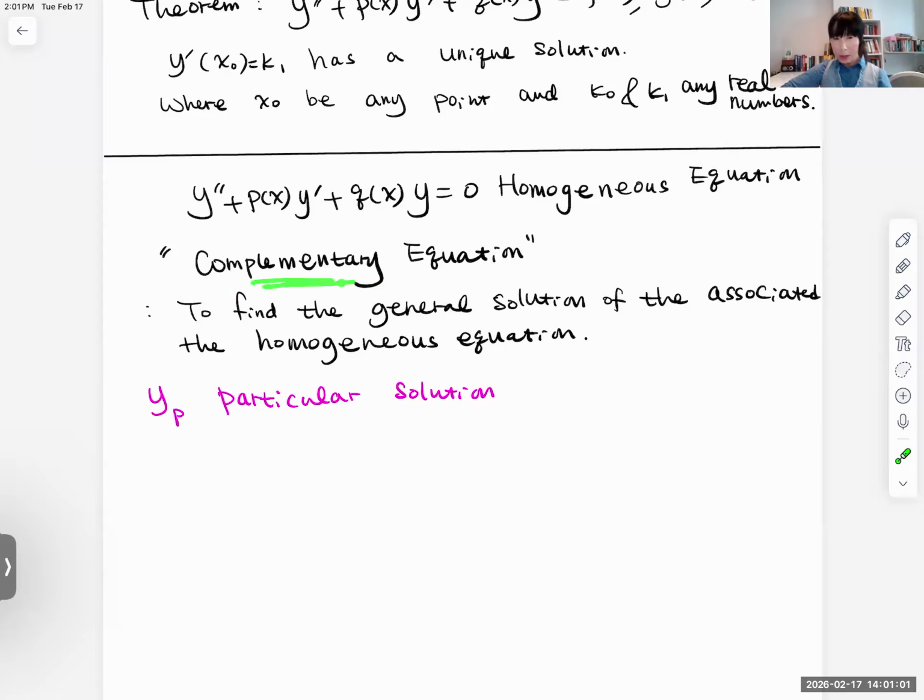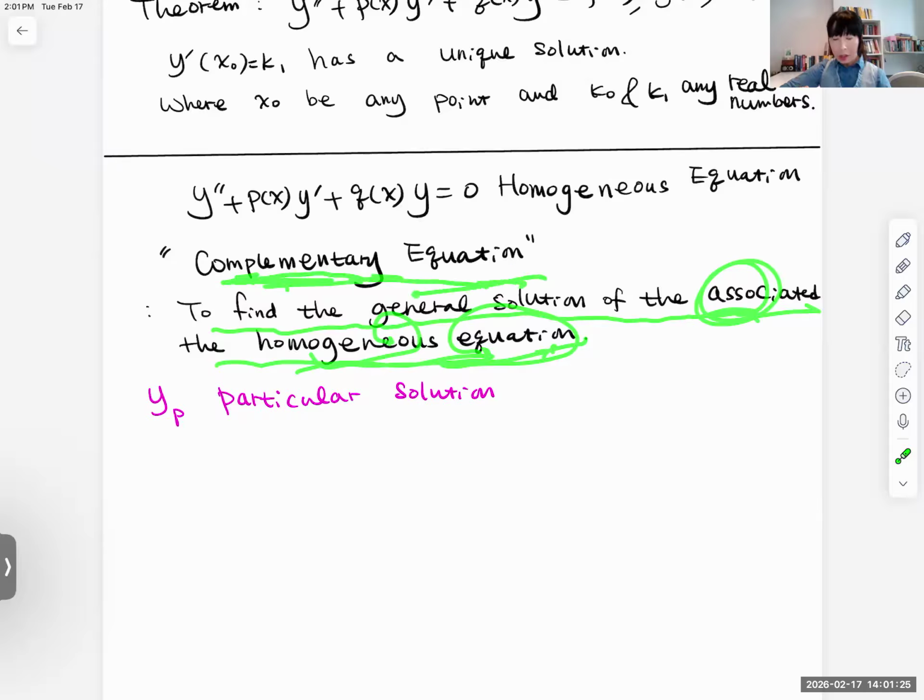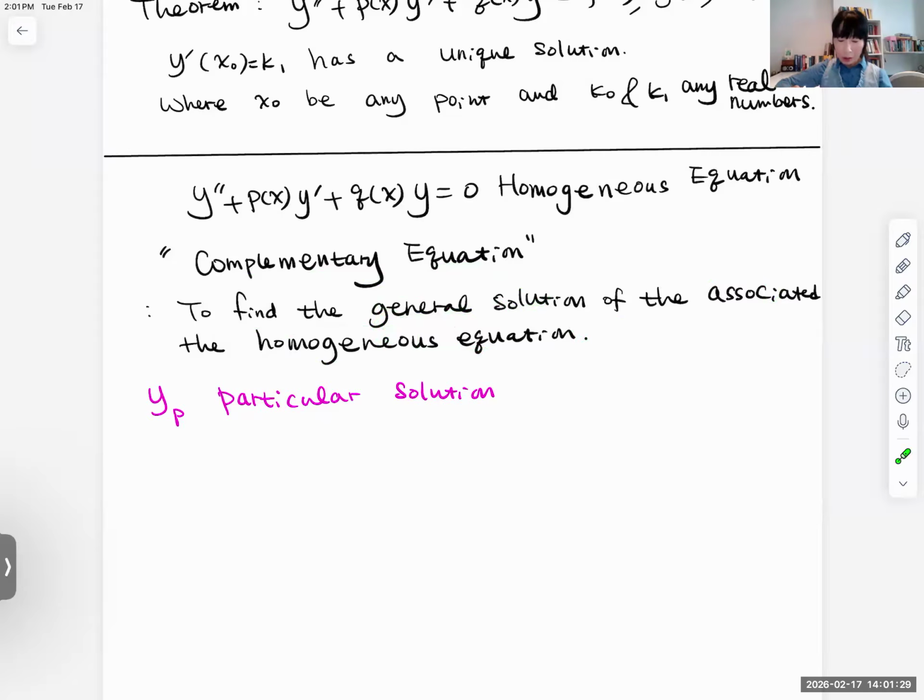What this means is to find the general solution of the associated homogeneous equation. When you find the general solution of the associated homogeneous equation, we call it the complementary equation. Then what's the difference with the general solution? Let's take a look.